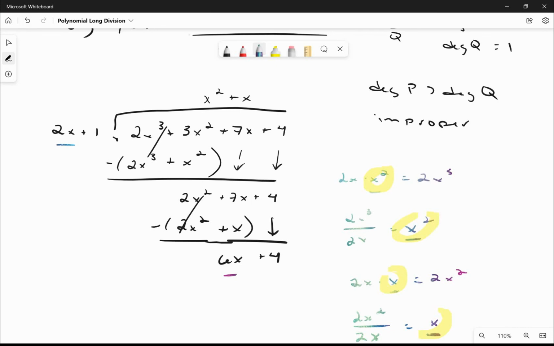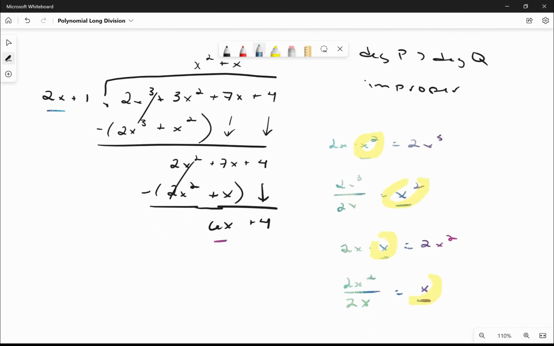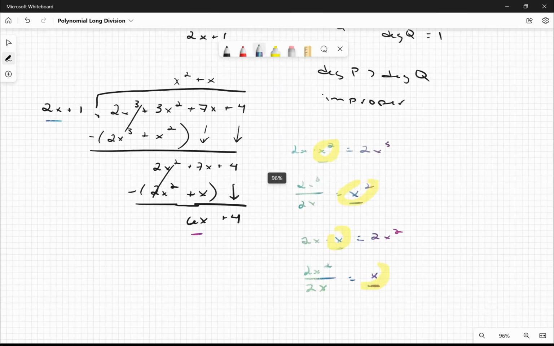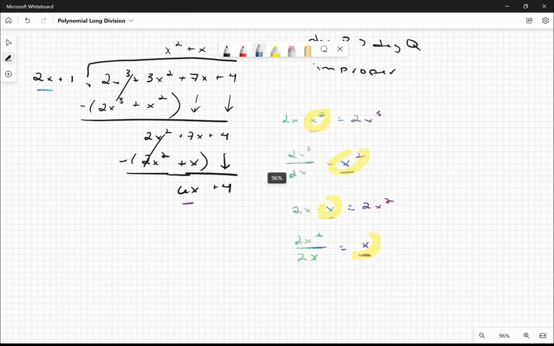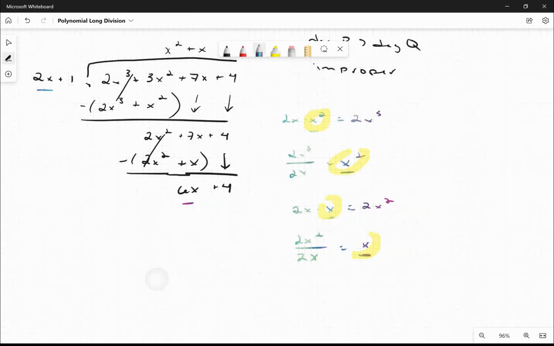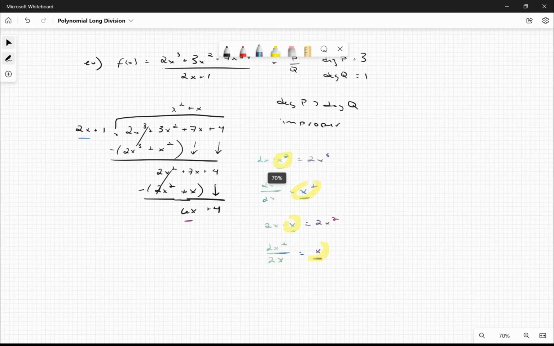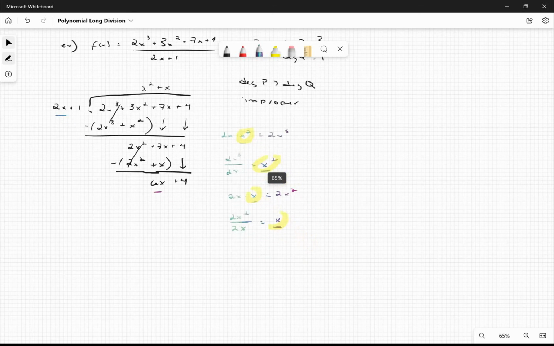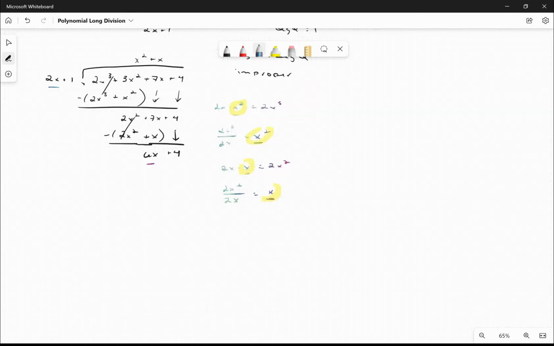And here, right? So how many times does 2x go into 6x? I'm going to zoom out a little bit so I can move. Right, so 2x times 3 gives you 6x, so that should be our 3 here.